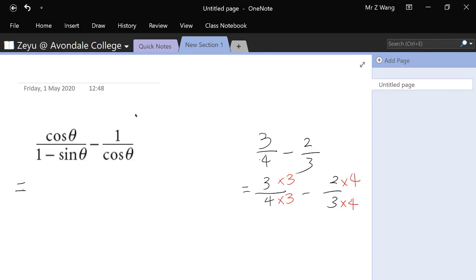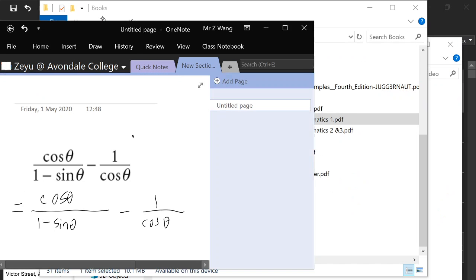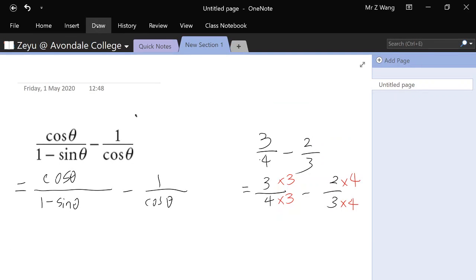Then this is a similar step, right? Because we notice the denominators are different, so we have to multiply by the other denominator. The other denominator is cosine theta.